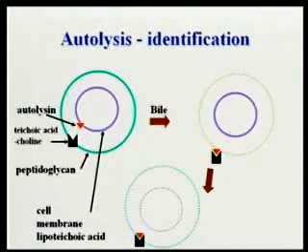However, remember, this autolysin actually binds to both teichoic and lipoteichoic acids. So, if for some reason this autolysin is released from the lipoteichoic acid, instead of the autolysin being in the membrane, it's going to be in the wall. And what that means is it's going to chew up the peptidoglycan.